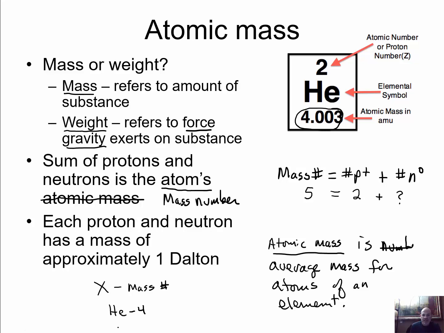And then we just did a calculation that told us about helium-5. As I indicated, let's say you had an atom with a mass number of 5 and 2 protons. It's helium, but it's a helium that's a little bit more massive. It has a mass number of 5.